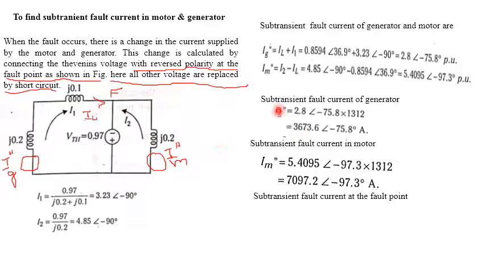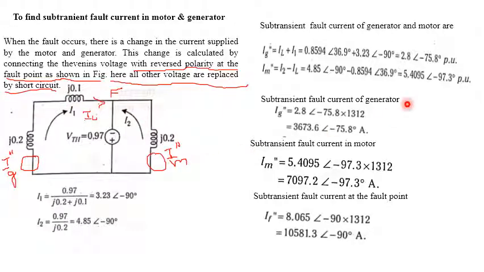You have to see here Ig is 3673, Im is 7097, which are I1 and I2. All together there is a fault at this point, with grounding happening at this point, so this is a combination, adding of I1 and I2.